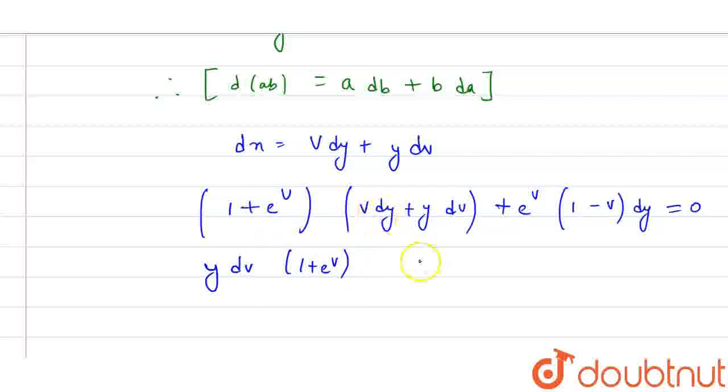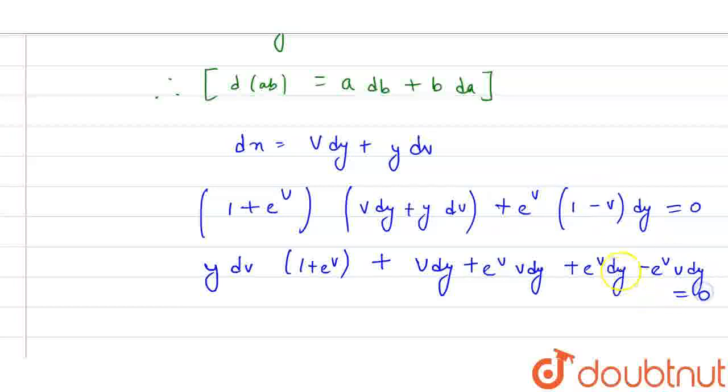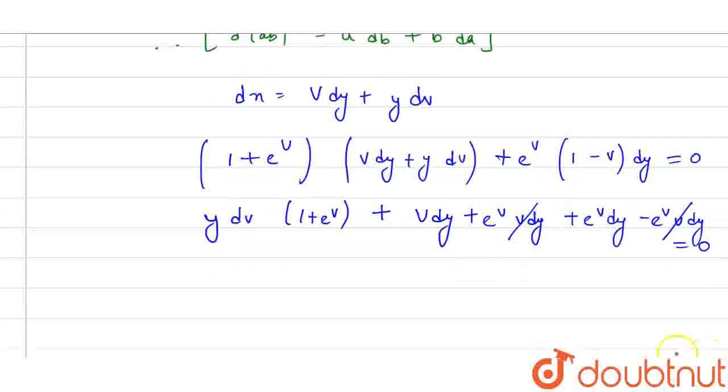And if we open this bracket we get plus v dy and plus e^v dy, and from the other bracket we get plus e^v dy, and the last term is negative e^v dy, equals 0. So this e^v dy cancels with the negative e^v dy.